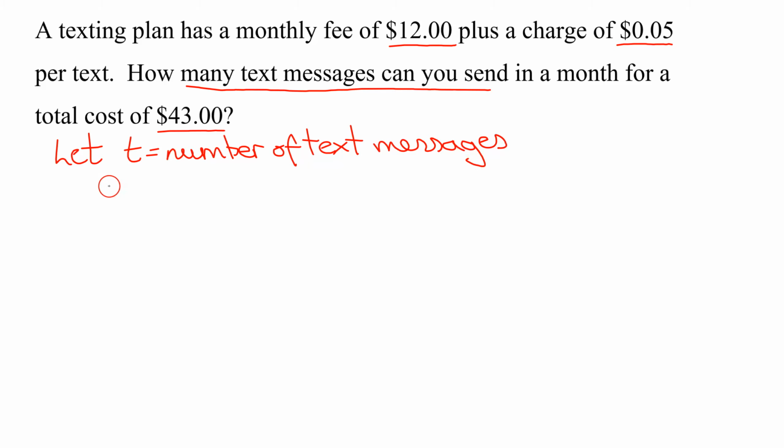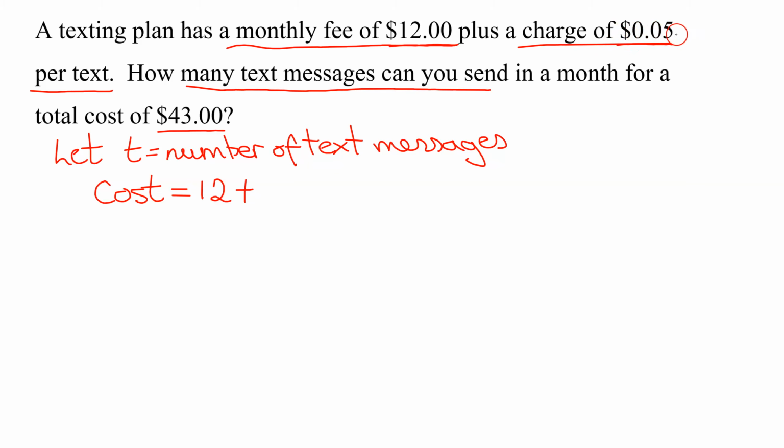Now we need to figure out how our bill is determined. What is the total cost? Well, we start with a monthly fee of $12. And to that, I have to add the charge for all my texts. So if I just made one text, it'd cost 0.05 of a dollar. Two, it'd be twice that.